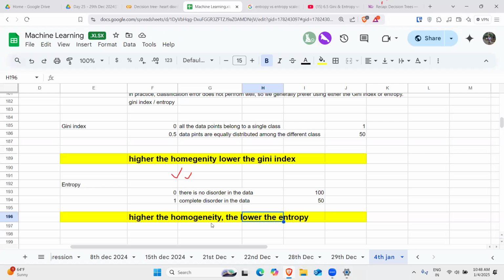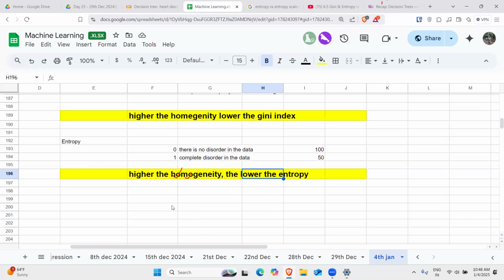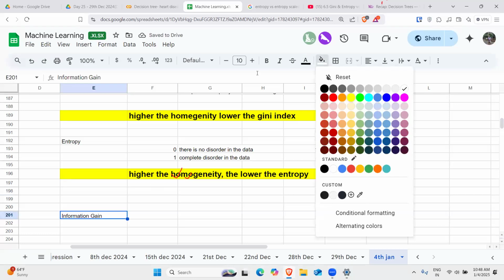So there's one important concept of change in the impurity, that is information gain. We call it information gain. That is coming into the picture now, and it is a very, very important part.